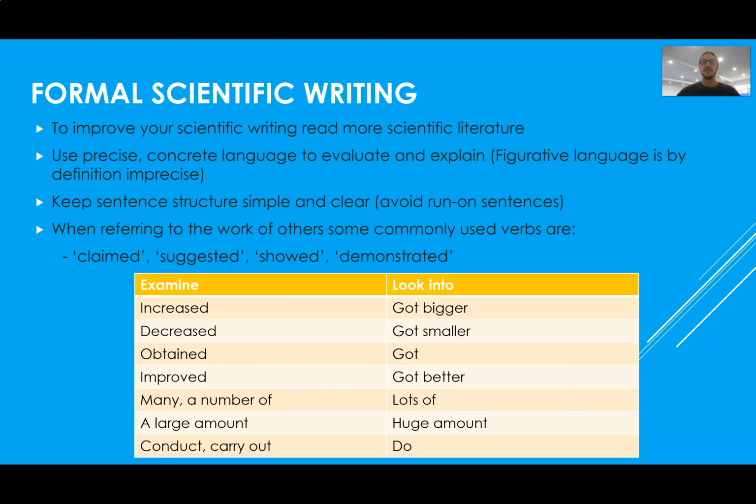We use scientific language, and the number one thing that you can do to improve your scientific writing is to read more scientific literature, read journal articles. Also, use precise language. Keep sentences simple and clear. Avoid run-on sentences. And when referring to the work of others, you can use the words claimed, suggested, showed, demonstrated.